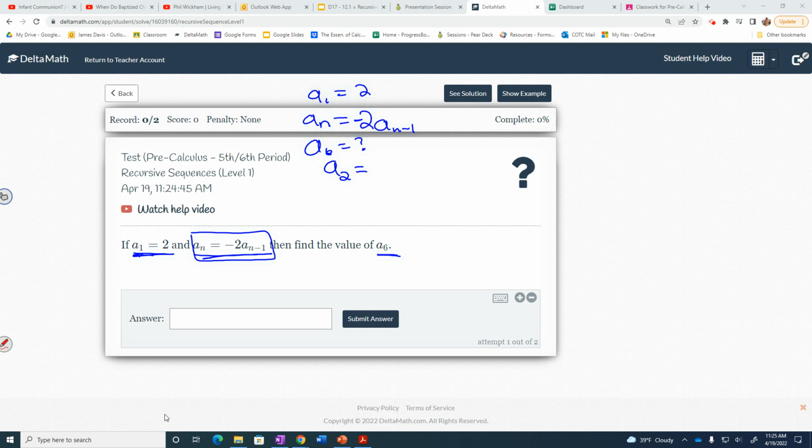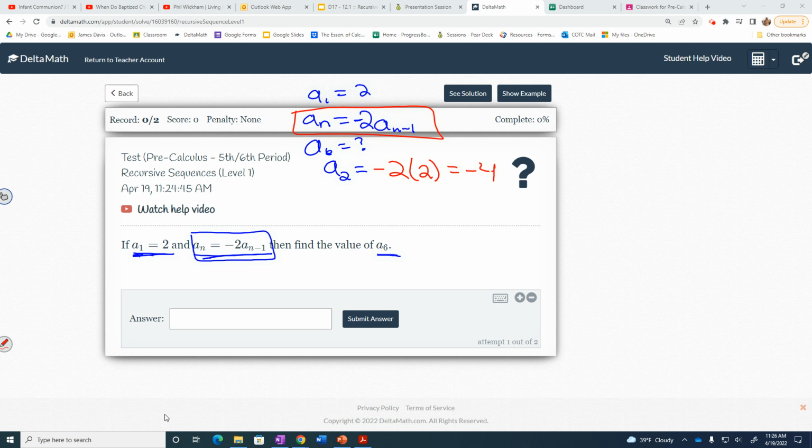Our formula says we just do negative 2 times the previous term. Because remember, a sub n minus 1 just means previous term. Well, our previous term is a sub 1, which is 2. So negative 2 times 2 is negative 4. Make sense? So we took our answer to our previous one, and then we write that.